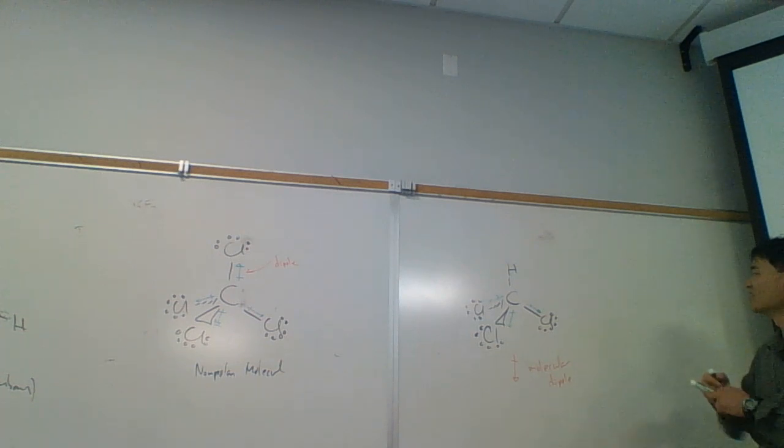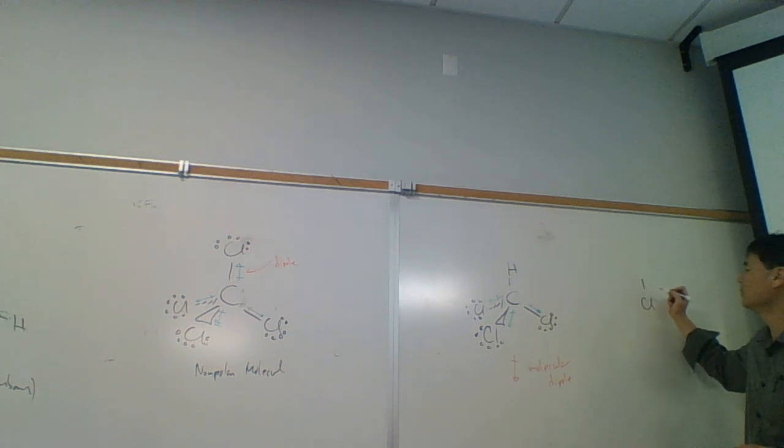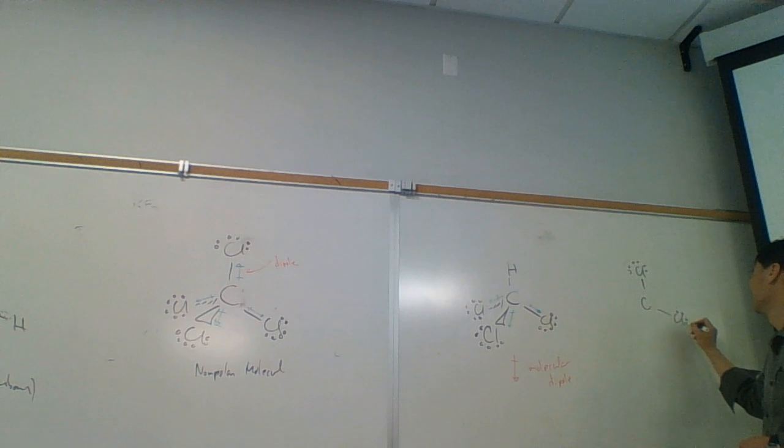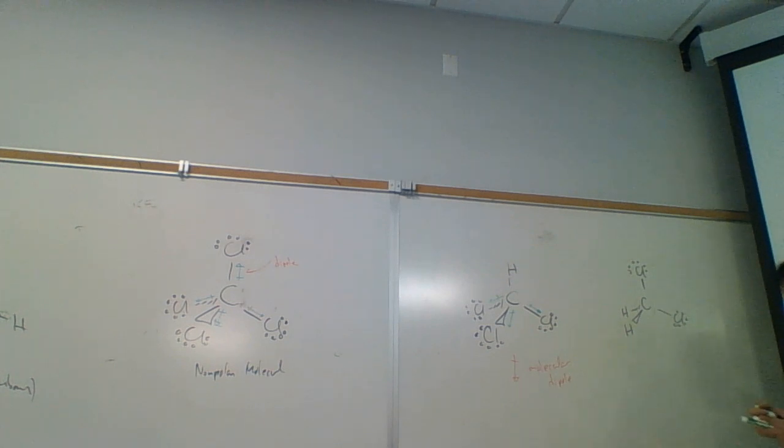We could do the next one like this. I'm going to draw this one with 2 chlorines. I'm going to make the chlorines, one coming up here, one to the side here, so we can see the dipoles a little easier. And then I'll have a hydrogen sticking out and a hydrogen sticking in like this.